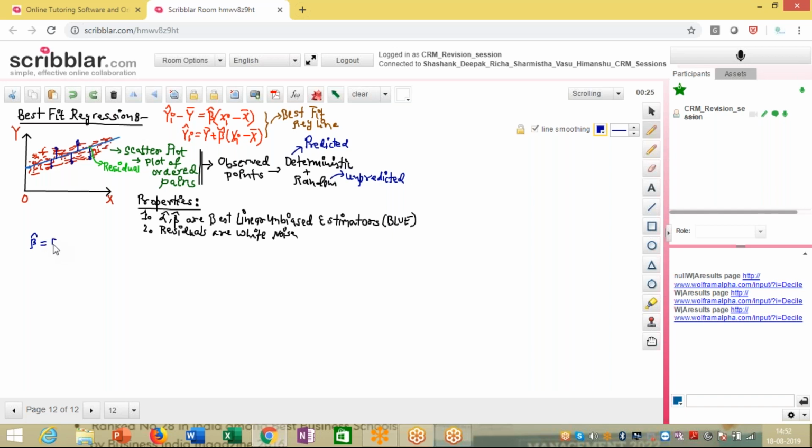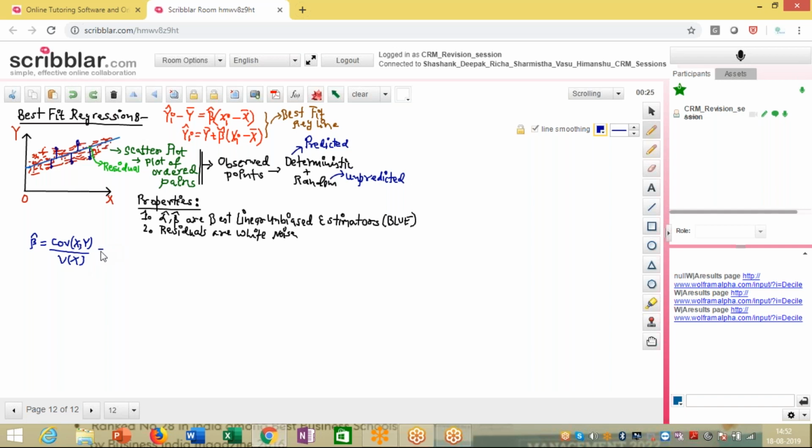It was nothing but the covariance of x and y divided by the variance of x.